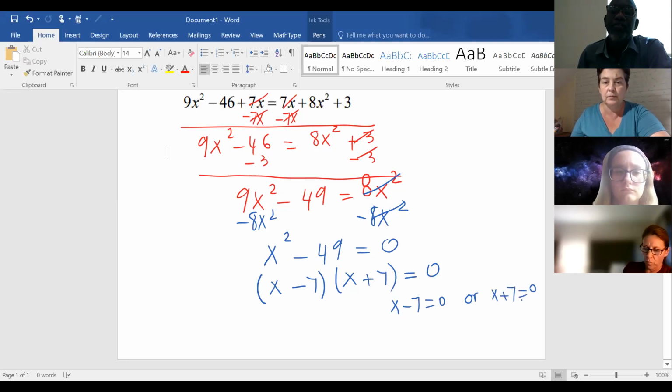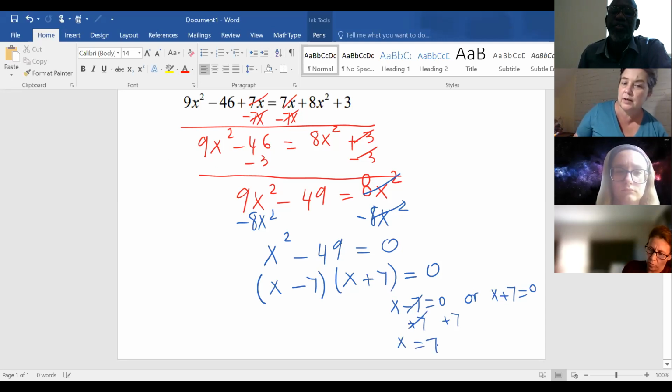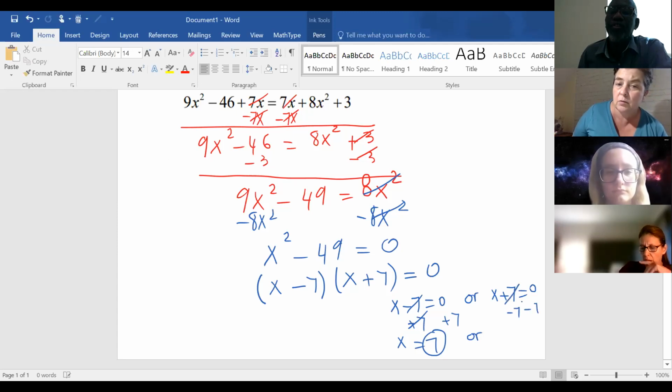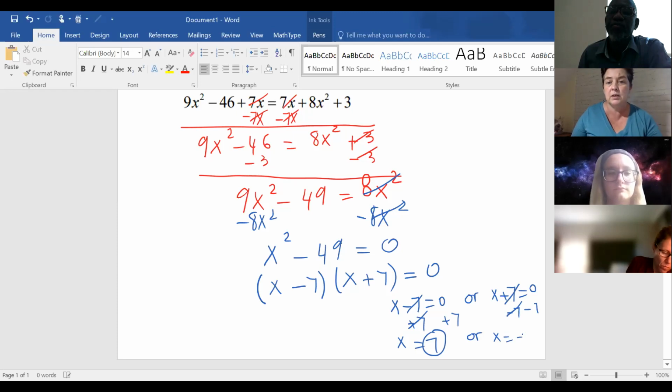On the first one, I add 7 to both sides, so x equals 7. Or subtract 7, which means x equals minus 7.